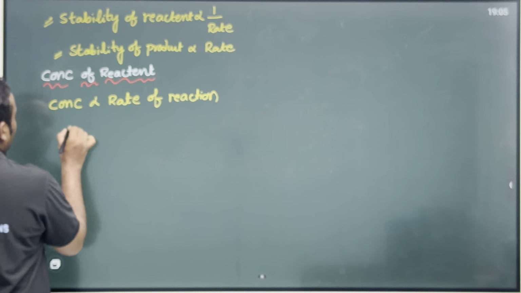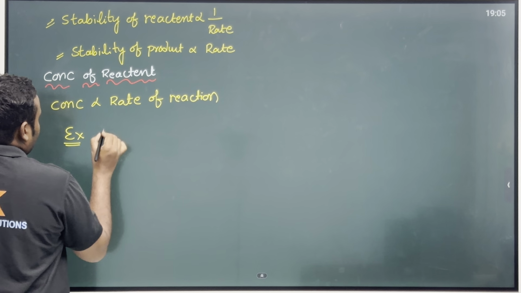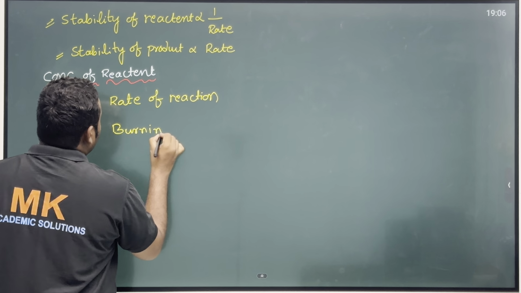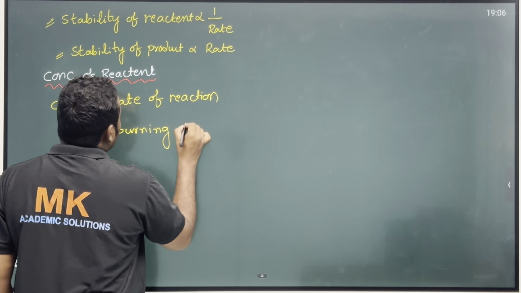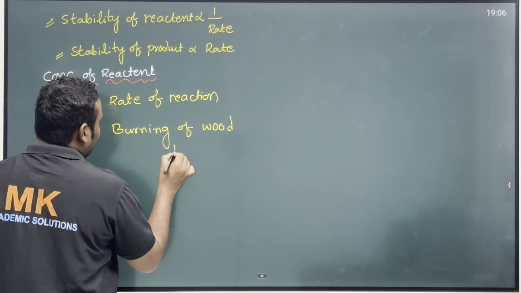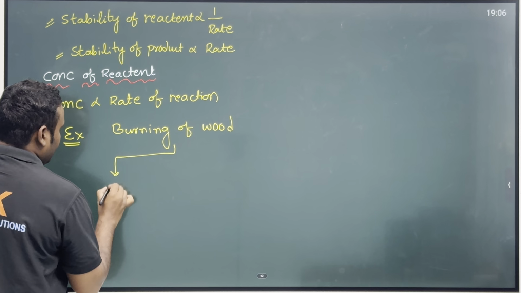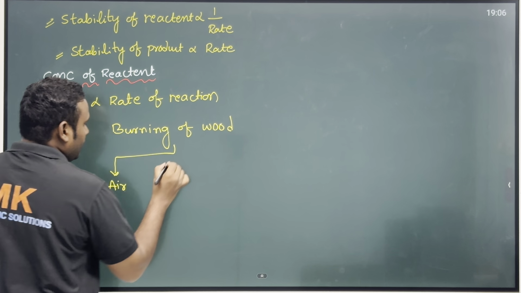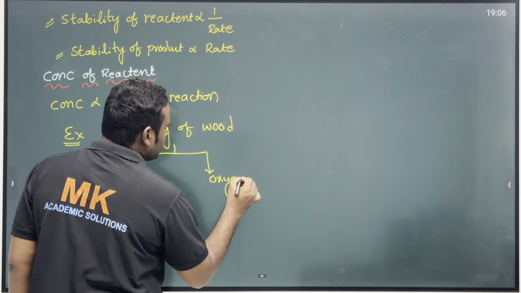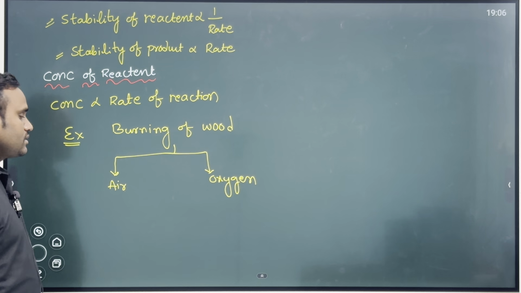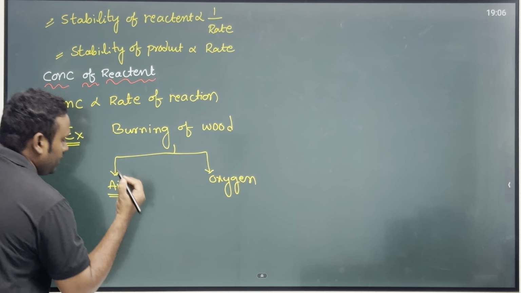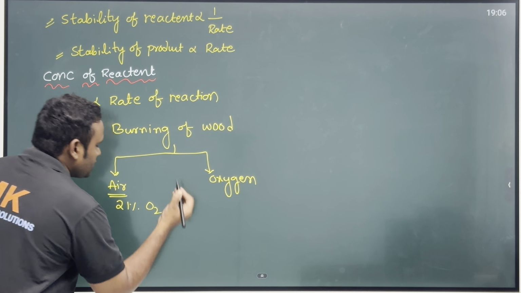See, for example, let us consider burning of wood, in case of air and in case of only oxygen. We know air also contains oxygen, but how much percentage? Only 21% oxygen is present.